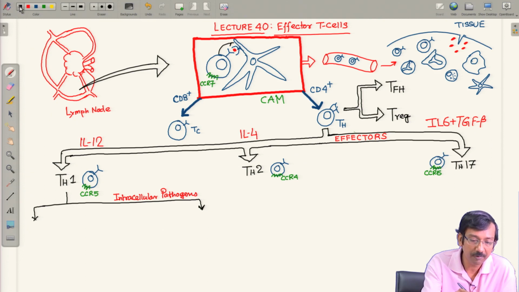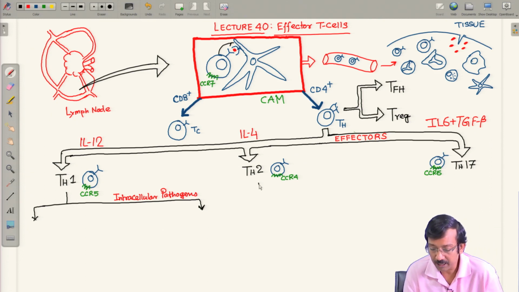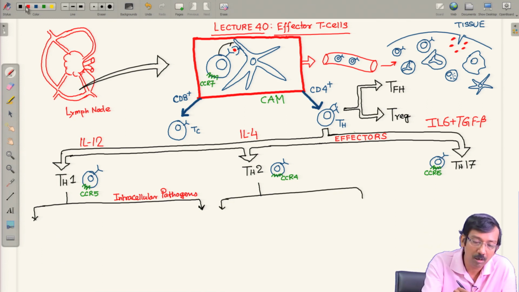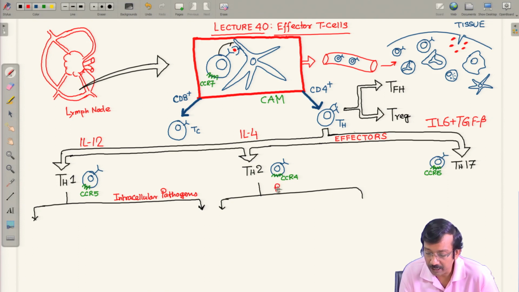Then we have the T helper cell type 2, which are mostly responsible for killing of parasites and helminths.